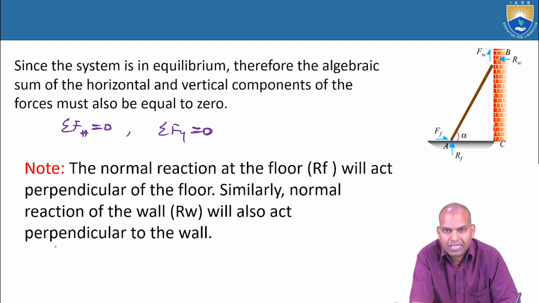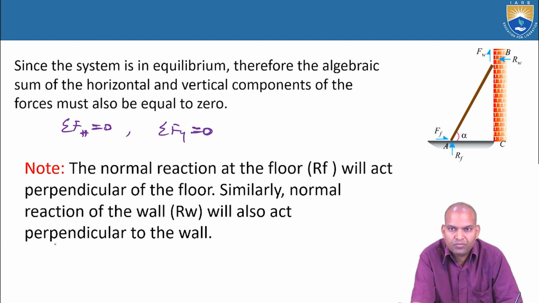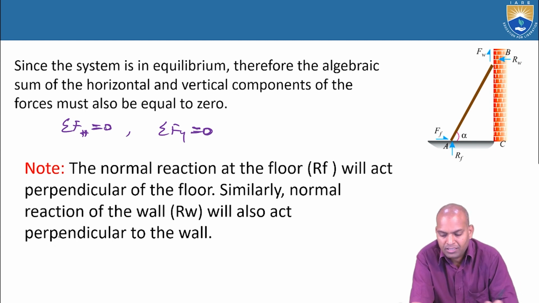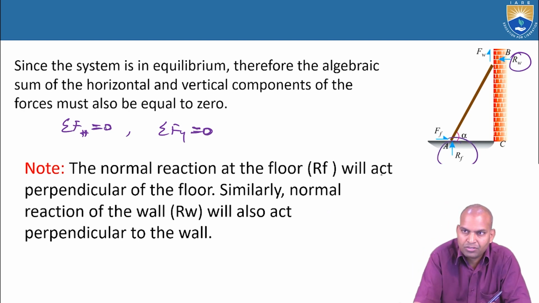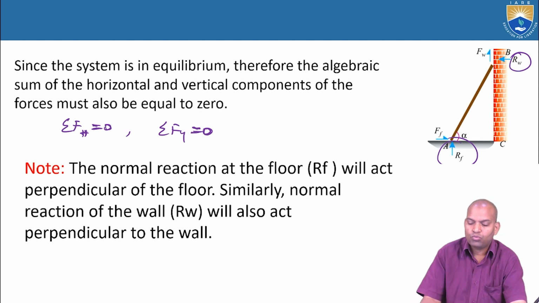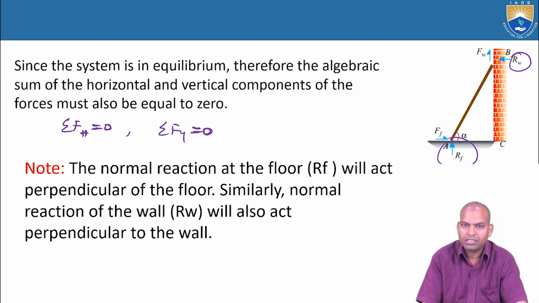Similarly, the normal reaction at the wall, point B, always acts perpendicular to the wall. Here at the wall, RW acts perpendicular to the wall, and RF acts perpendicular to the floor.